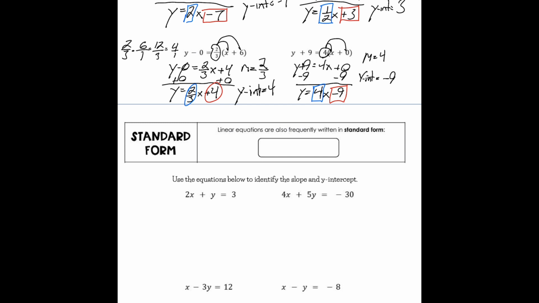So first things first, our standard form is ax plus by equals c. And this pen is giving me a hard time again. My a, b, and c are just variables representing any number.